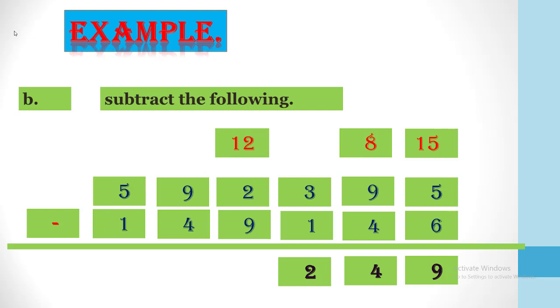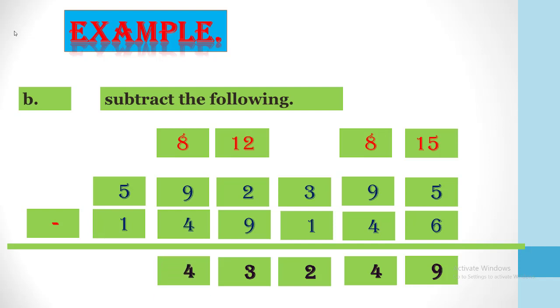When we subtract 9 from 12, it will be equal to 3. After giving carry 1 to the previous column, 9 will become 8. When we subtract 4 from 8, it will be 4.